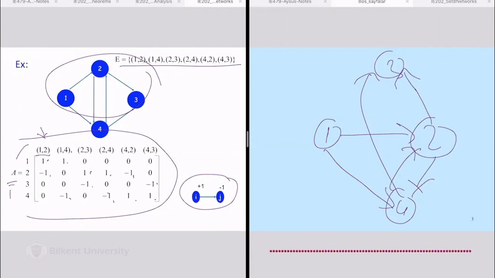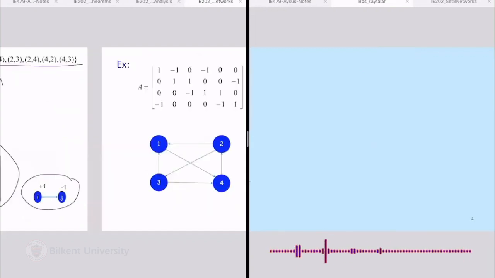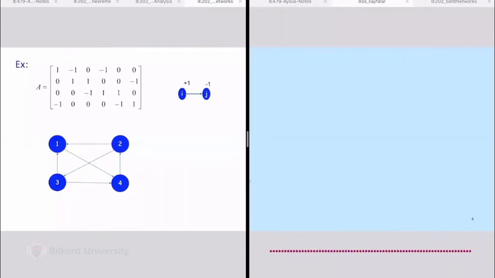Is it clear? The node arc incidence matrix is a special A matrix, and given a network, you can immediately construct the A matrix. From node, the 'from' gets the +1, the 'to' gets the -1. So here, for example, given this matrix, construct the network. Let's see. There's an arc from 1 to 4. Let me switch colors.